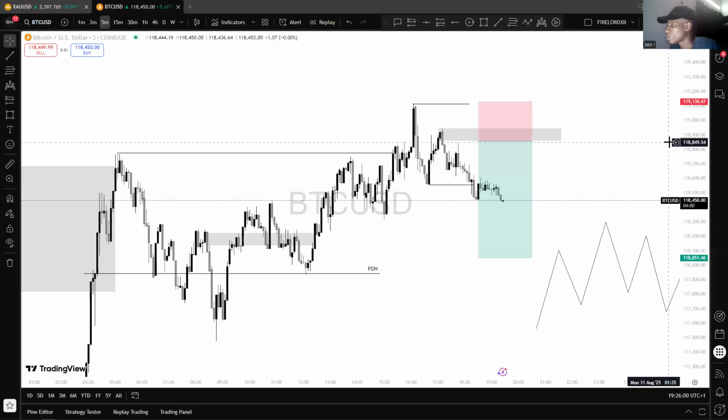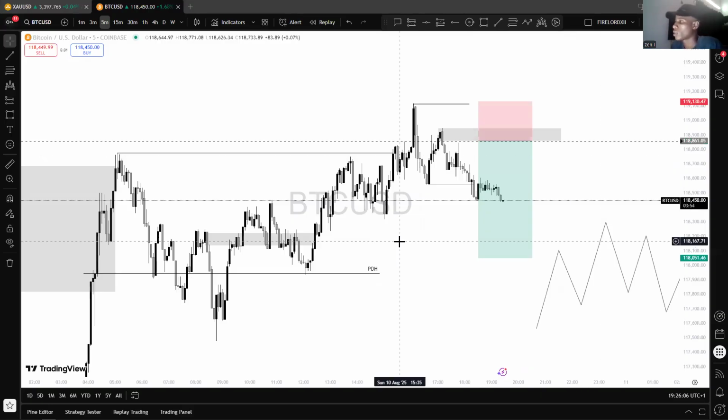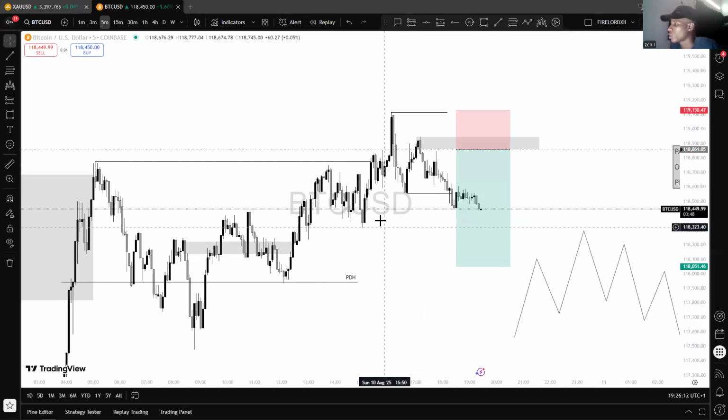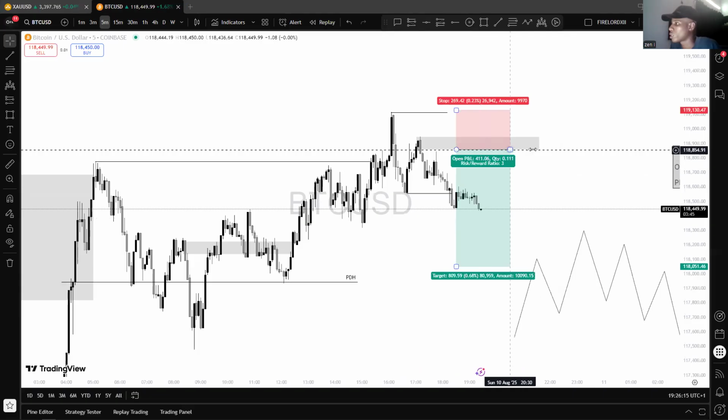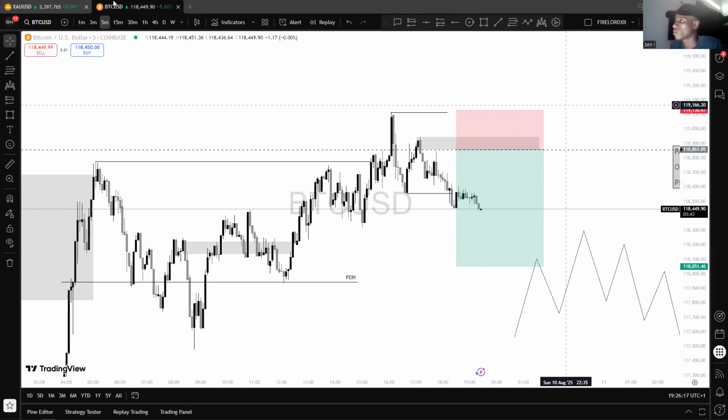So I'm just gonna put price here and observe what would happen, as the price does not stretch out too much before this trade gets activated.